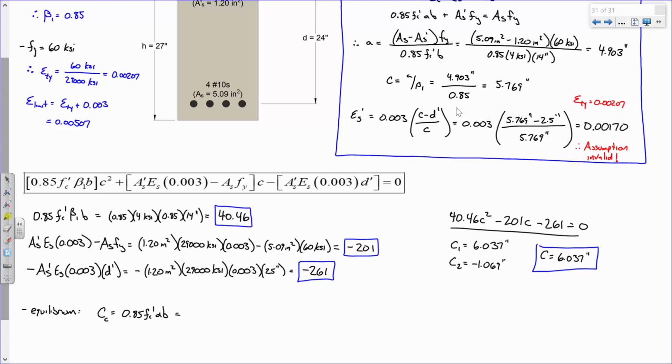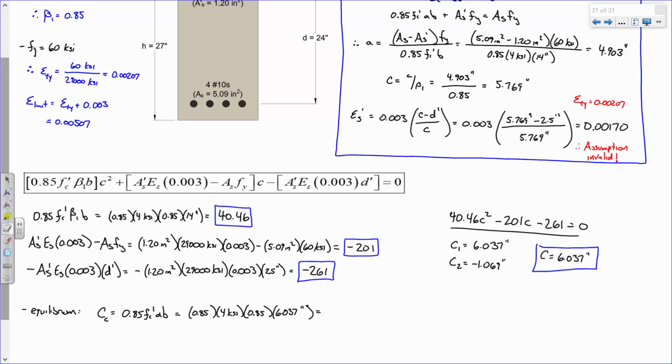That value was based on an assumption that was invalid. a, remember, a is beta 1 times c. Okay, so what I'm going to do is say 0.85 times 4 ksi, and then where it says a, I'm going to say 0.85 times 6.037.